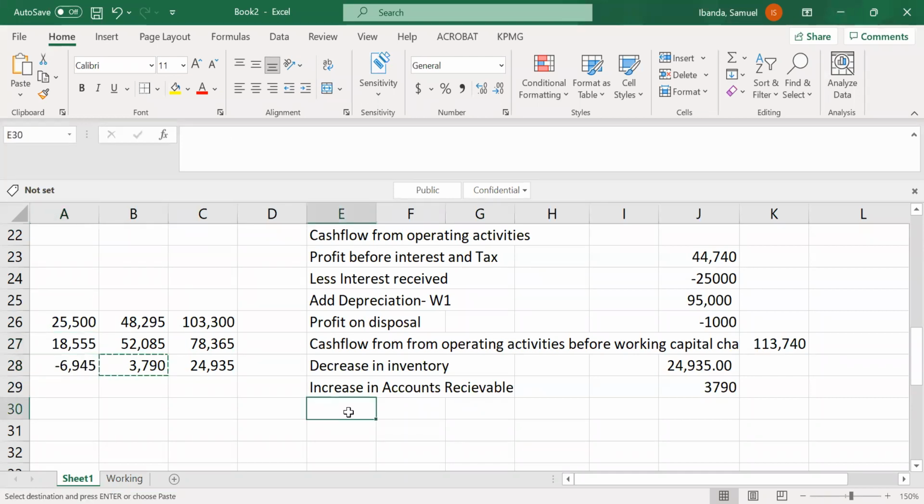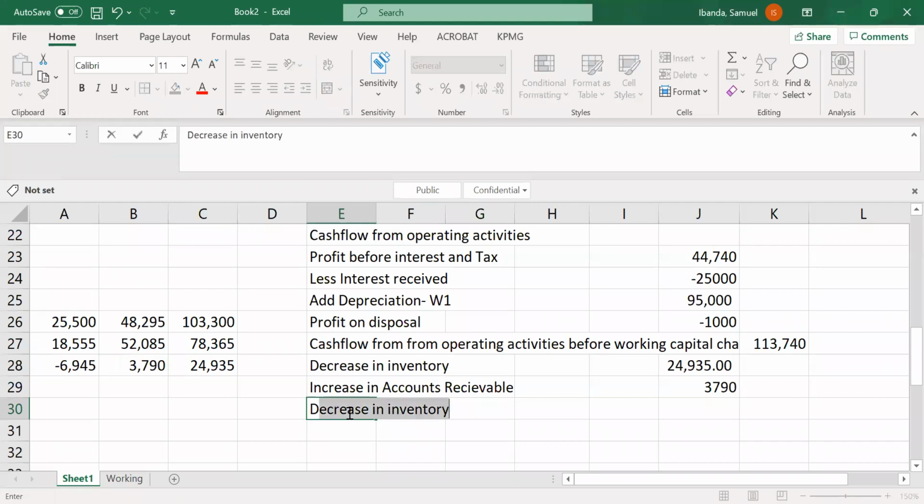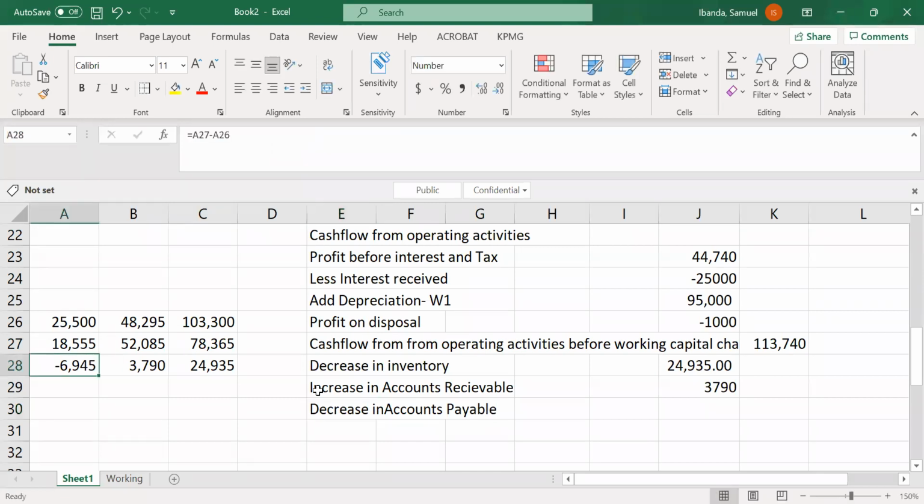So I would say decrease in accounts payable. Sorry, this one is supposed to be a minus since it's cash outflow as well. Even this is also a minus. So that is how you proceed with the items of your working capital.